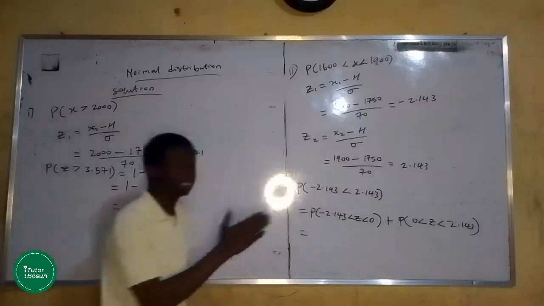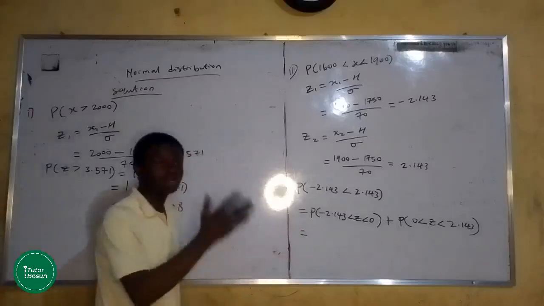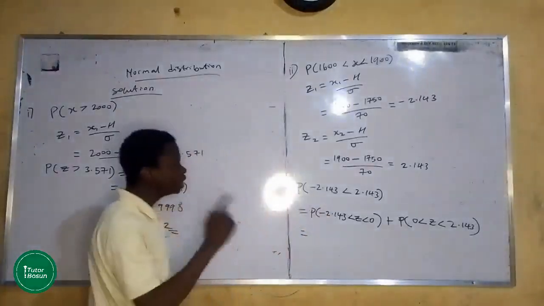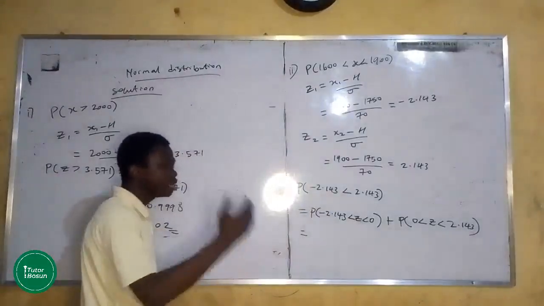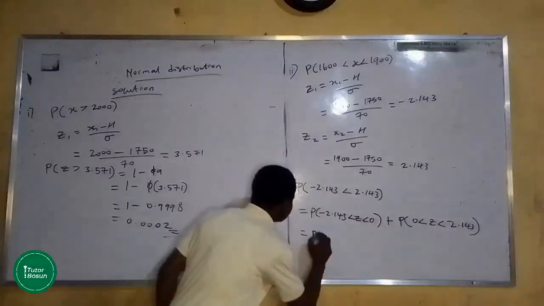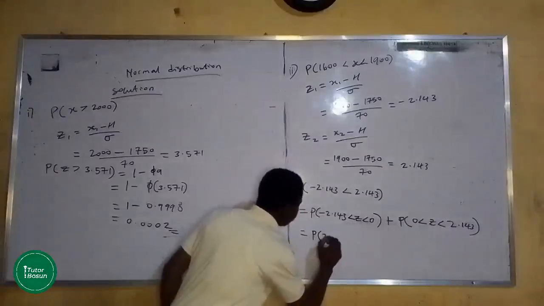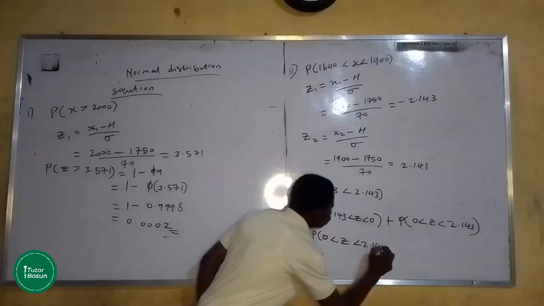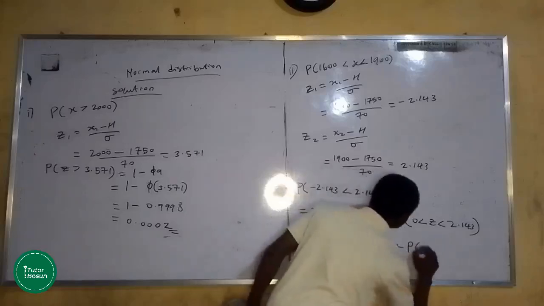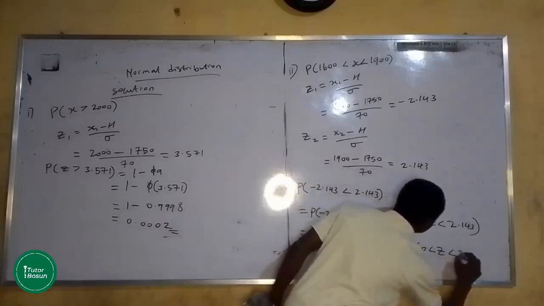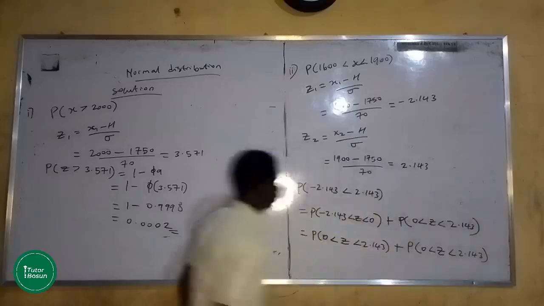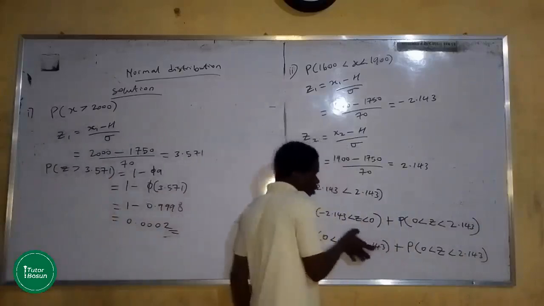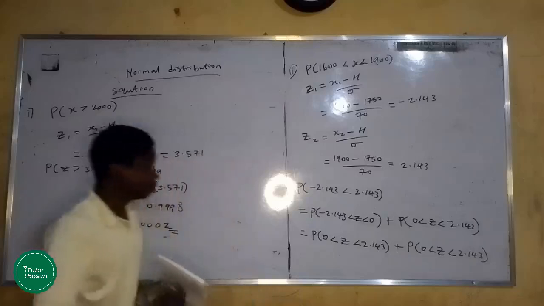That means anything from negative to 0 will be the same as from 0 to positive. So minus 2.143 to 0 will be the same as 0 to 2.143. So automatically this is the probability of 0 less than z less than 2.143 plus the probability of 0 less than z less than 2.143.